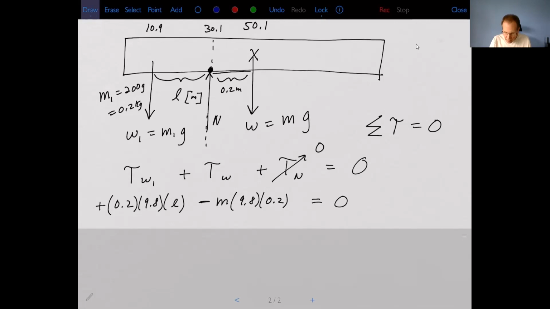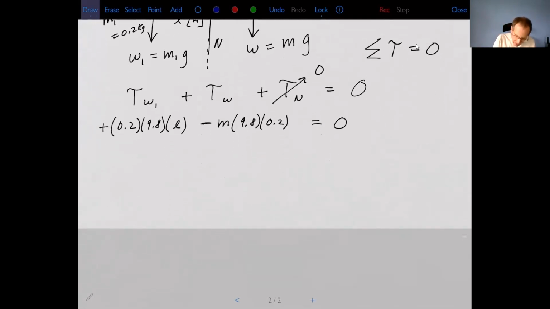All right, so remember, you guys are going to know what L is. You have to compute L, so you can plug in L. Again, make sure it's in meters.